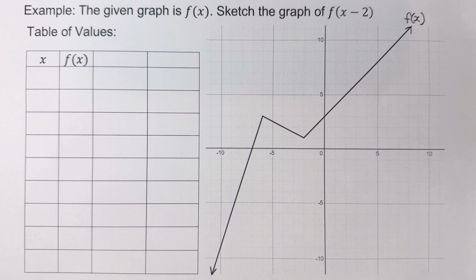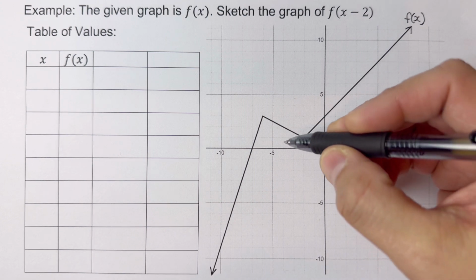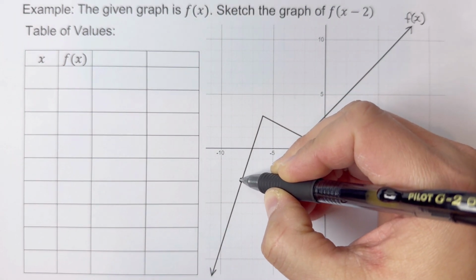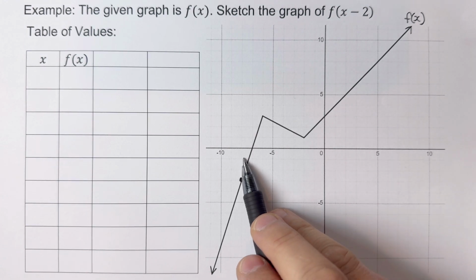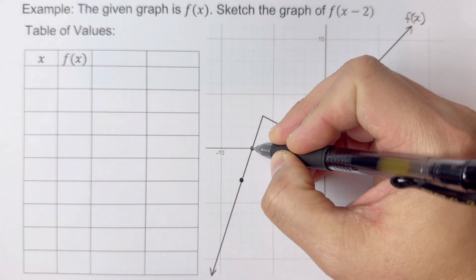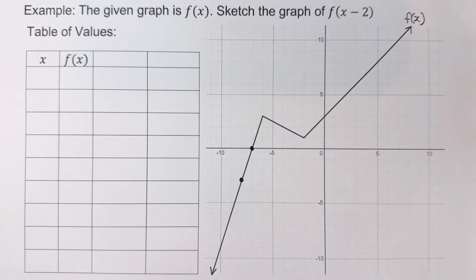Again, lattice points are points on the Cartesian coordinate plane whose x and y values are integers. An example of a lattice point would be this one, because that's -8, -3. And we also have this dot right here. This is another example of a lattice point. So I would plot some lattice points on this function.